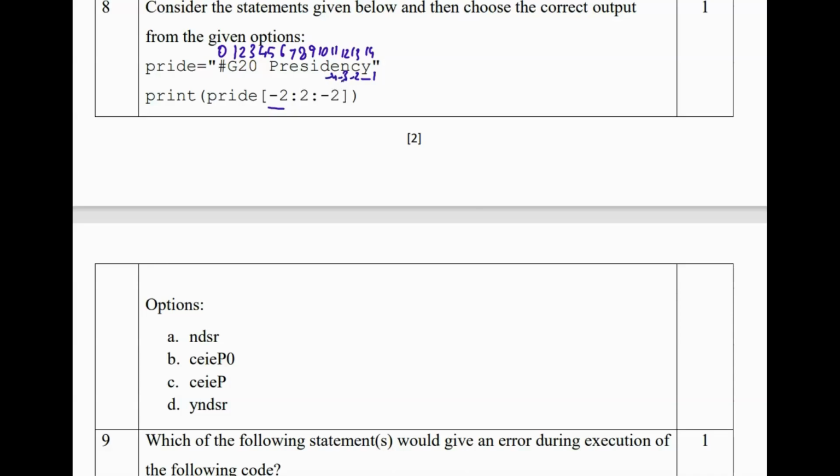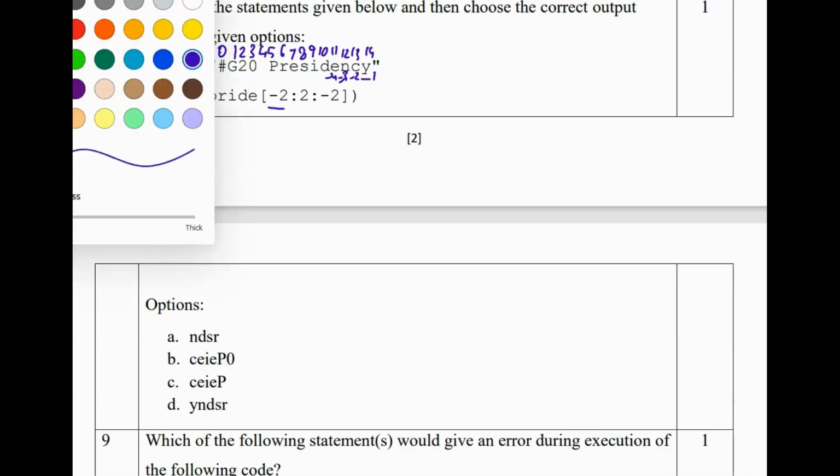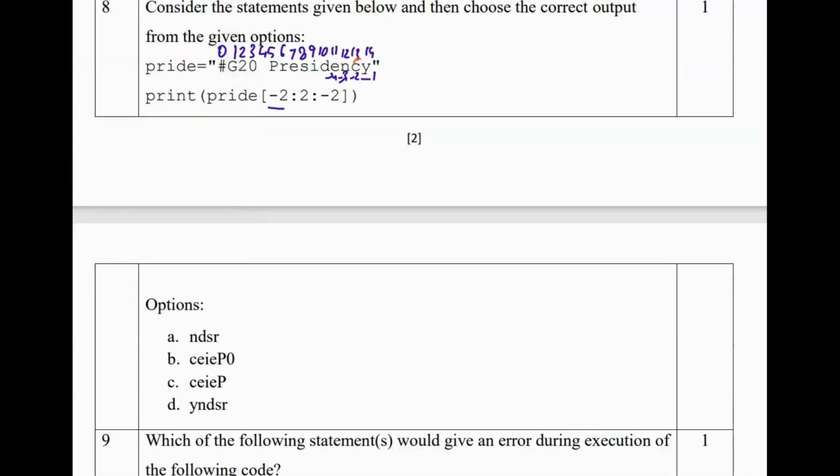So -2 here has C as the value, so you should start with C. From C, you should move with step value -2: -1, -2, which is E. Again -1, -2, which is I. Again -1, -2, -1, -2, -1 and -2.